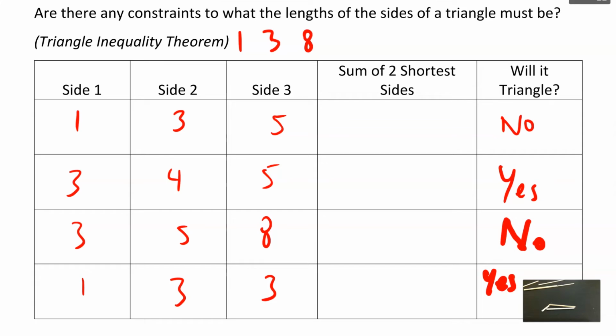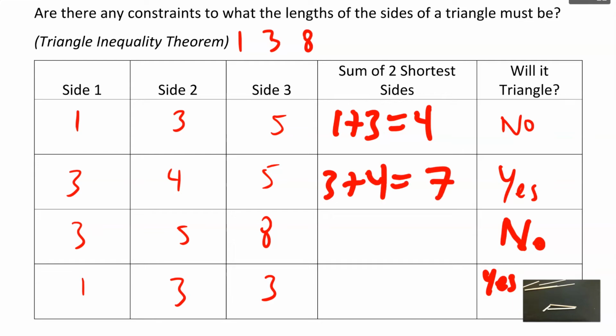If I look over here, the sum of the 2 shortest sides: my 2 shortest sides are 1 and 3, so 1 plus 3 is 4. My 2 shortest sides, 3 plus 4 equals 7. Some of you are seeing the pattern, maybe others are not, and that's okay. 3 plus 5.